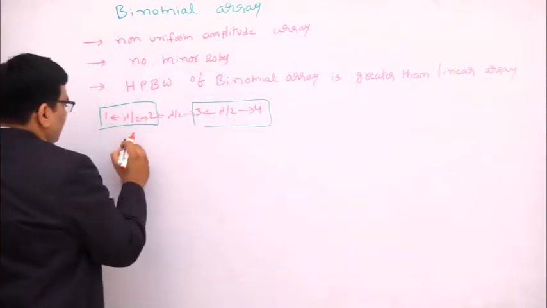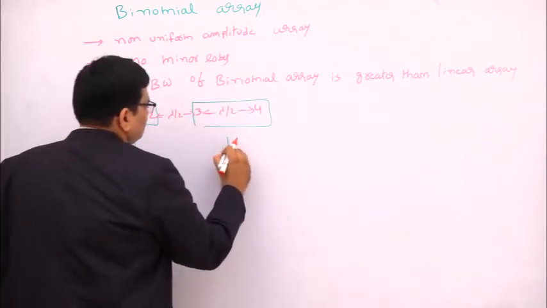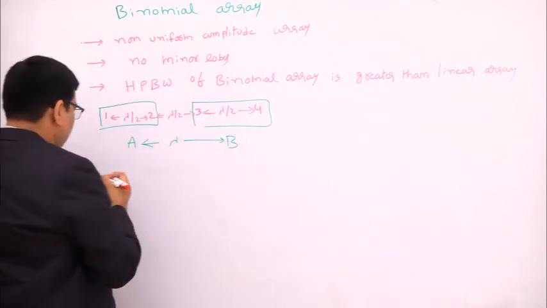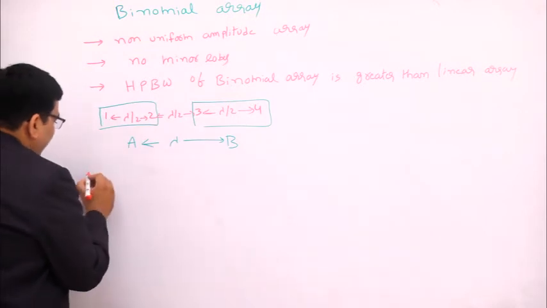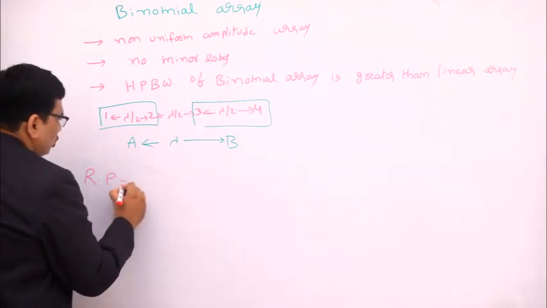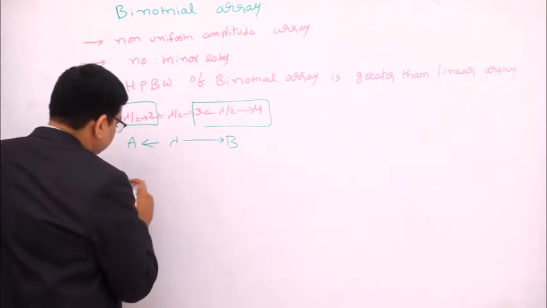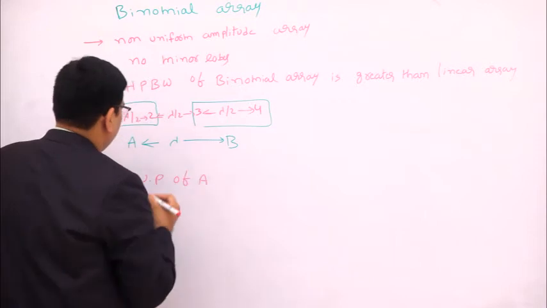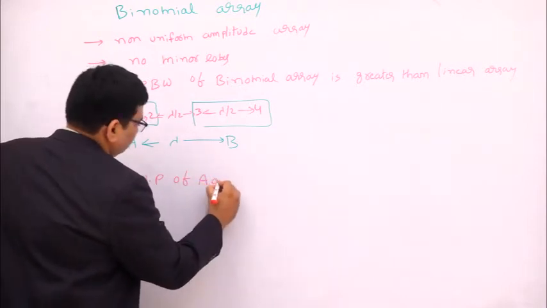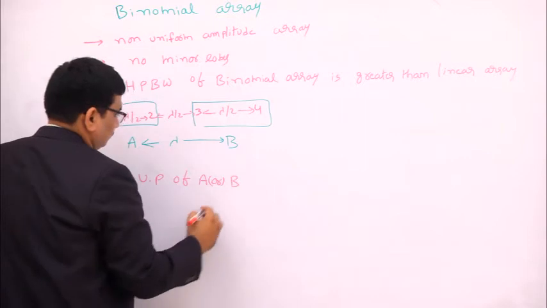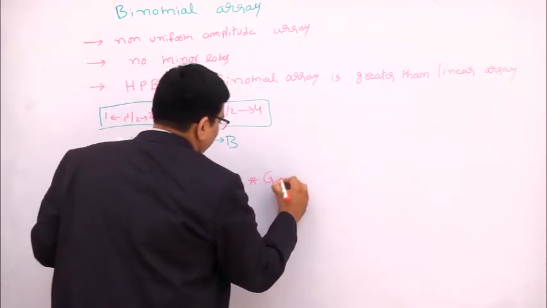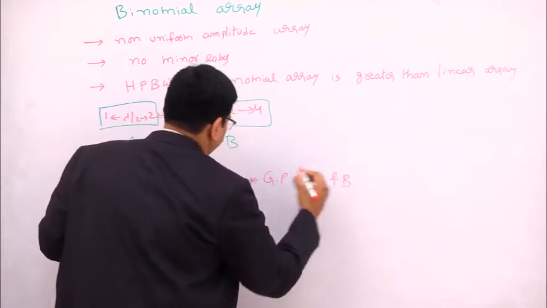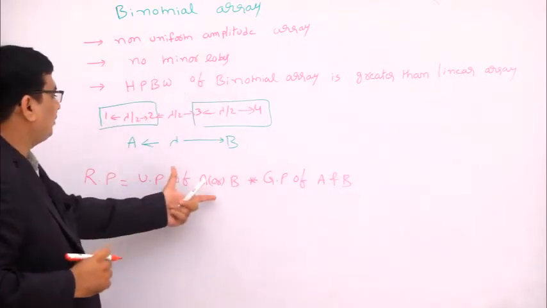So this group is A and this group is B, which are separated by a distance lambda. So the resultant pattern is equal to the unit pattern of A or B into the group pattern of A and B. What is the unit pattern of A or B?